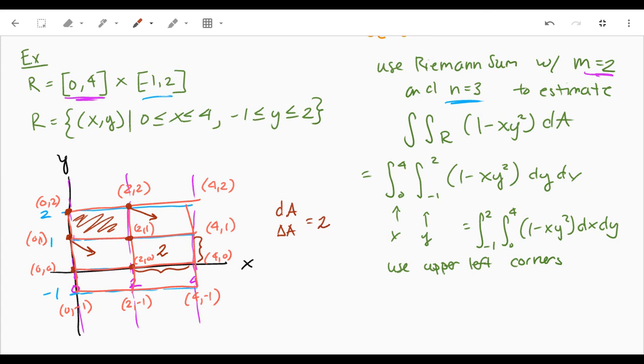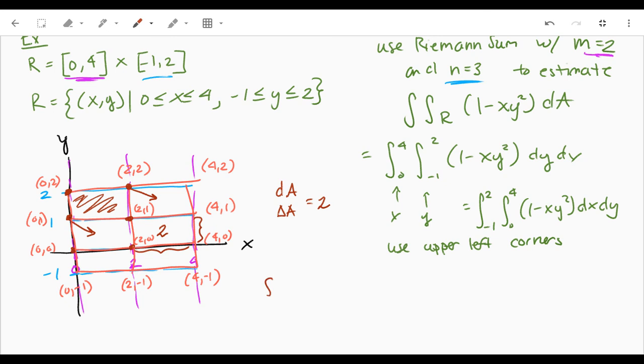Okay, so we're going to find f of 0, 0. Again, using our function there, so it'd be 1. We'll find f of 2, 0, which would be 1. Did I mess this up a little bit? No, I don't think I did.